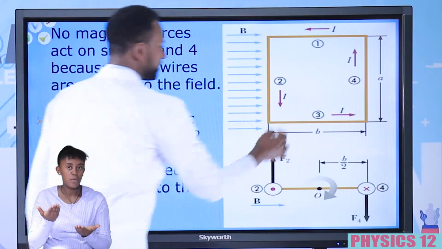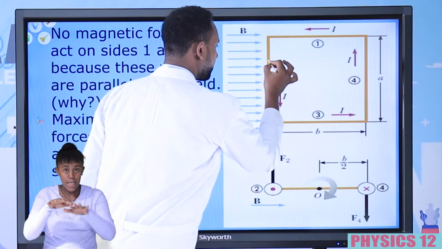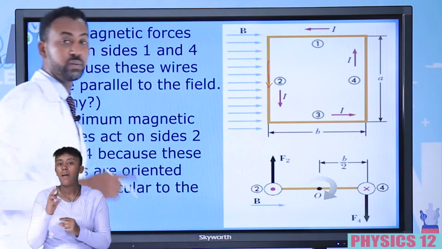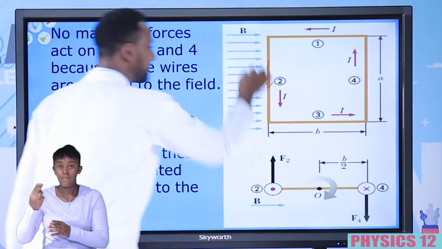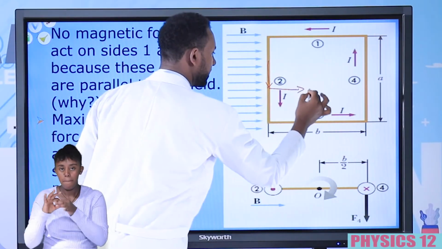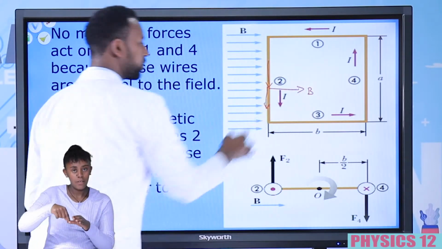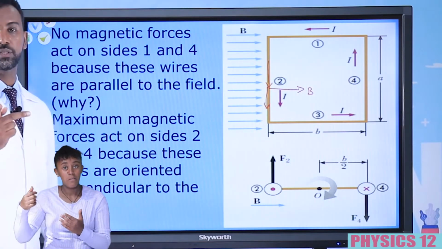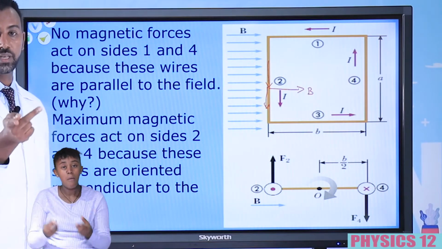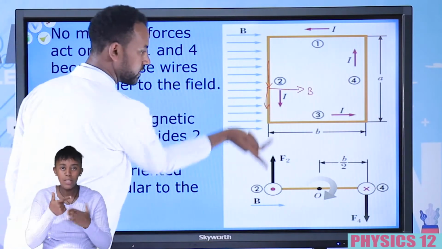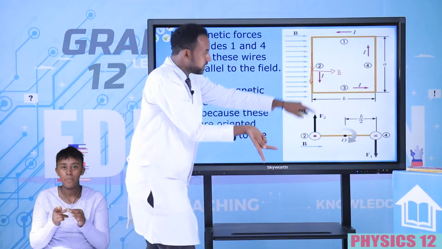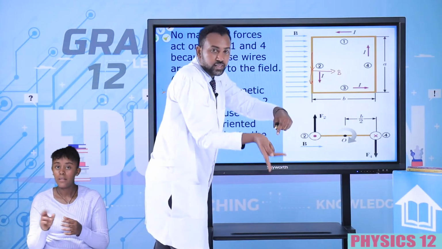So, the force exerted here, it's possible to use the right-hand rule to determine the force exerted on this segment. The magnetic field is acting to the right, the current is acting downward.